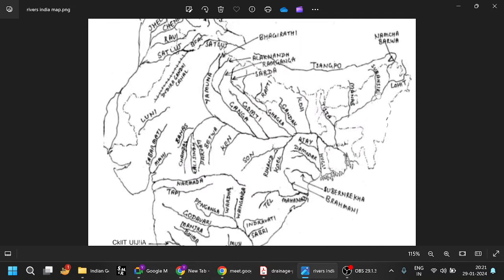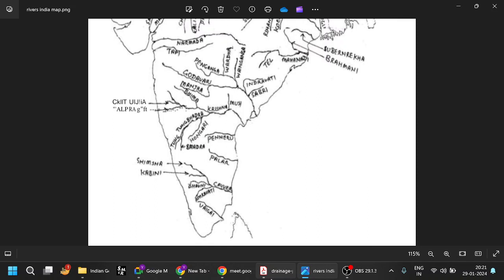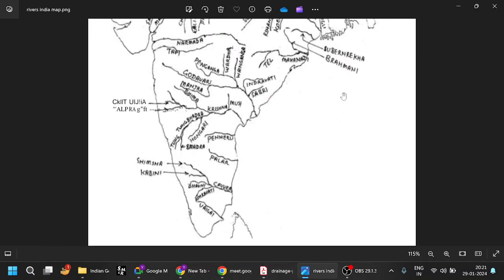In this case, Ganga and Brahmaputra are going into the Bay of Bengal. Indus is going into the Arabian Sea. Okay, let us see what else. Mahanadi in Orissa, Godavari, Krishna, Kaveri. Mahanadi is here, if you can see, this is Mahanadi in Orissa, and Godavari is one of the largest in South India.